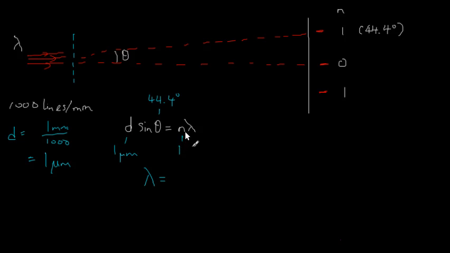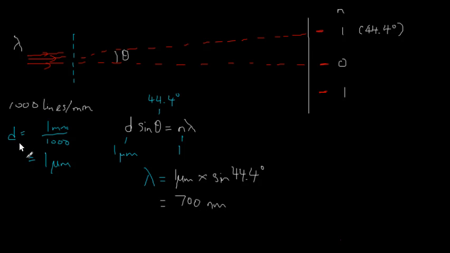Lambda times 1 is lambda, so lambda is just equal to 1 micrometer times sine of 44.4 degrees. If you use a calculator, you'll find that the answer is very close to 700 nanometers. So that's the wavelength of red light.